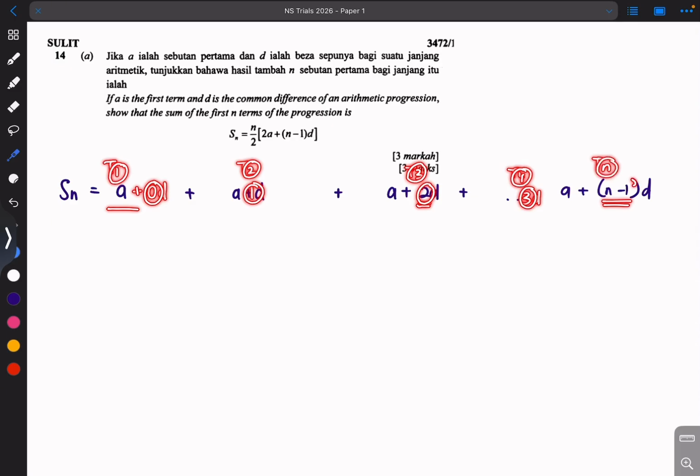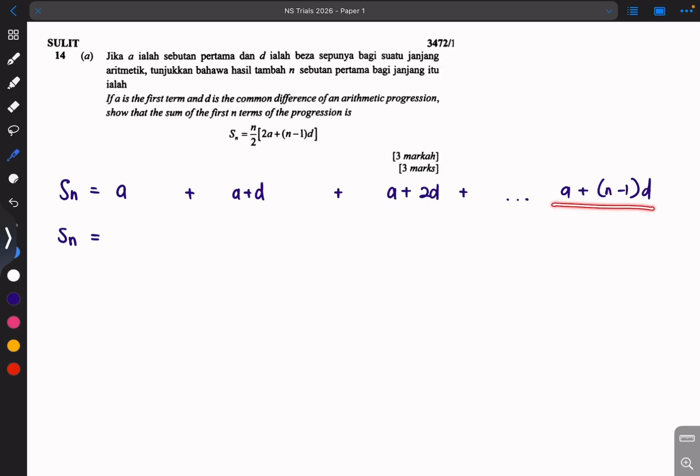So n would become n minus 1, times d. Okay, and then we have to find another S_n equation from the back. So from the last term. So the last term would be this, a plus (n minus 1)d.